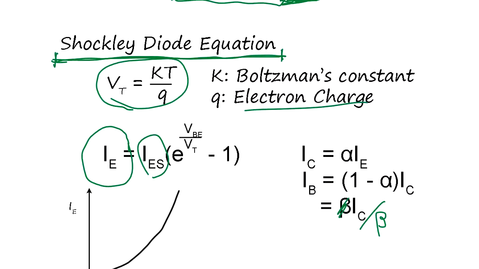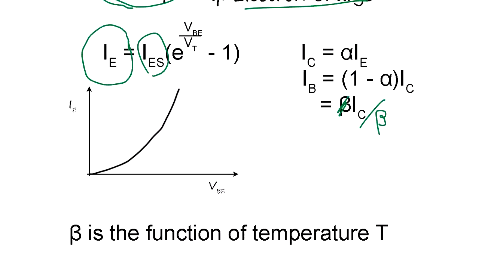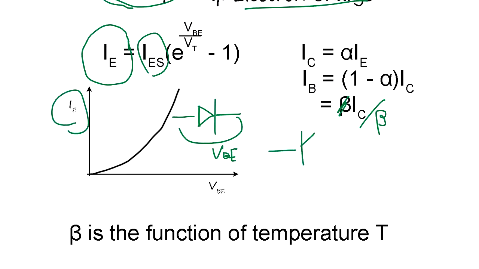Okay, so basically it's like a diode, VBE, but IE for a transistor is not just a diode.